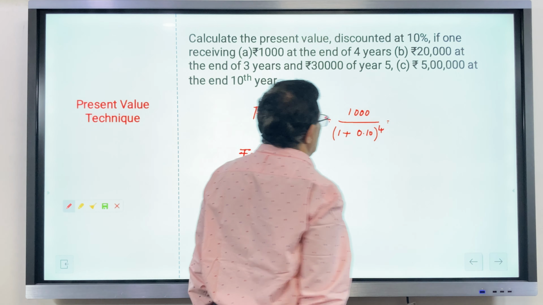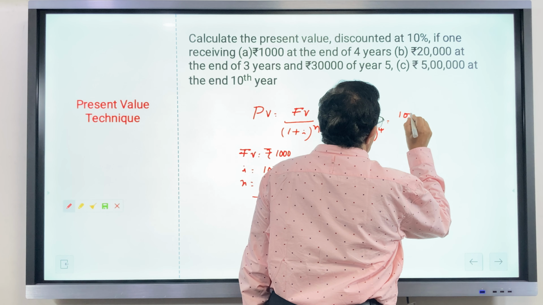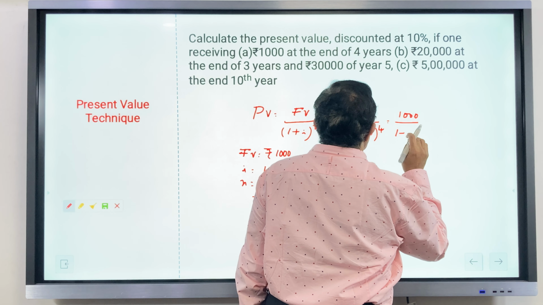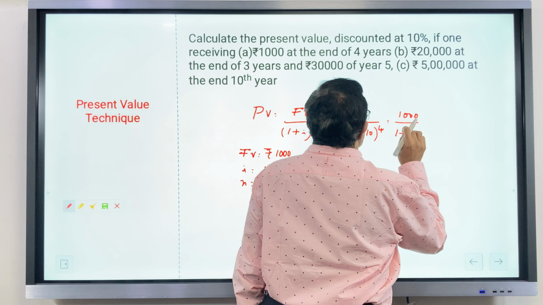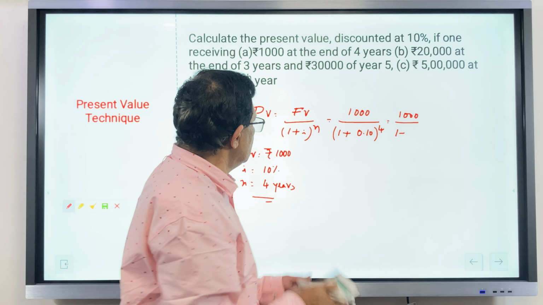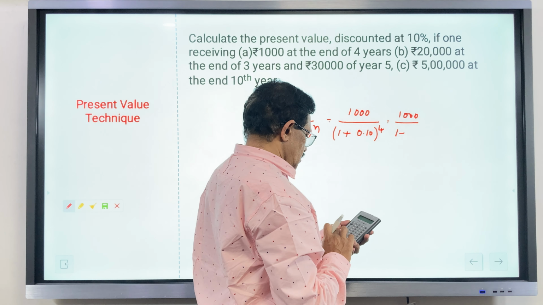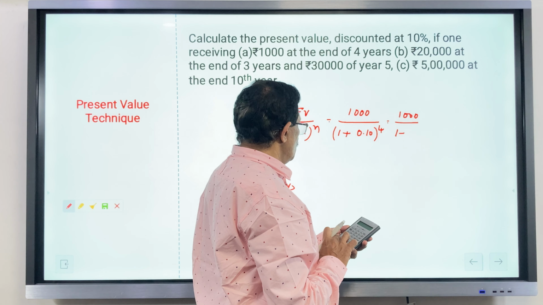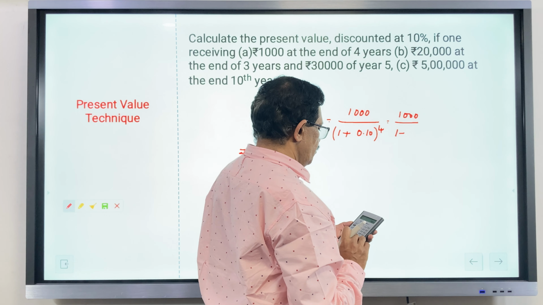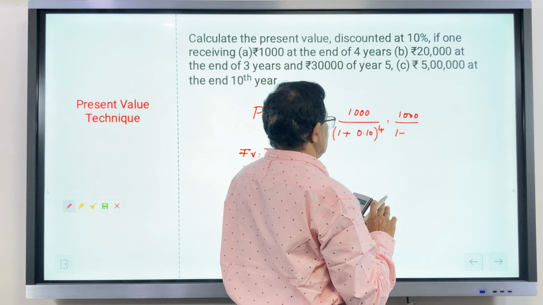Let us understand how much it is. 1000 divided by 1.10 whole power of 4. Let us calculate that value directly and put it here. So 1.10 whole power of 4 is nothing but 1.46.